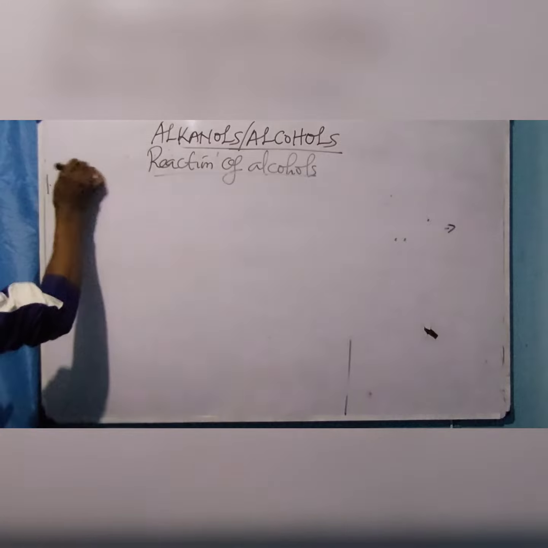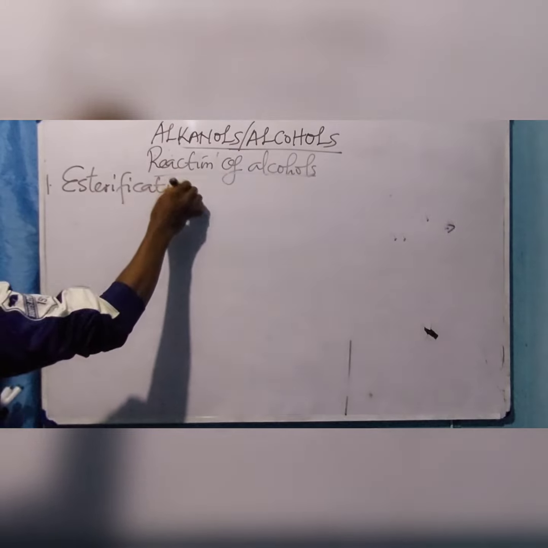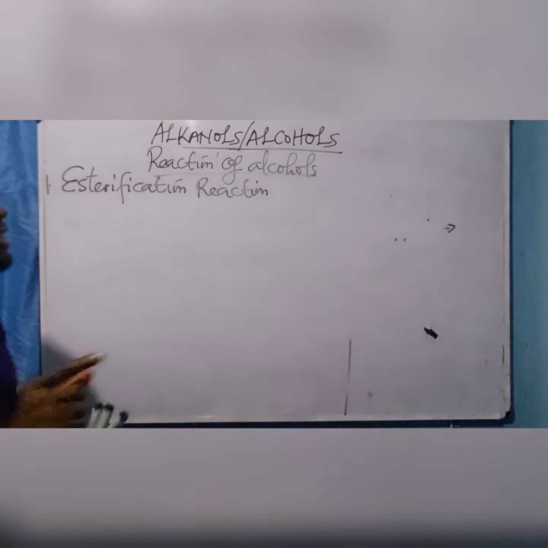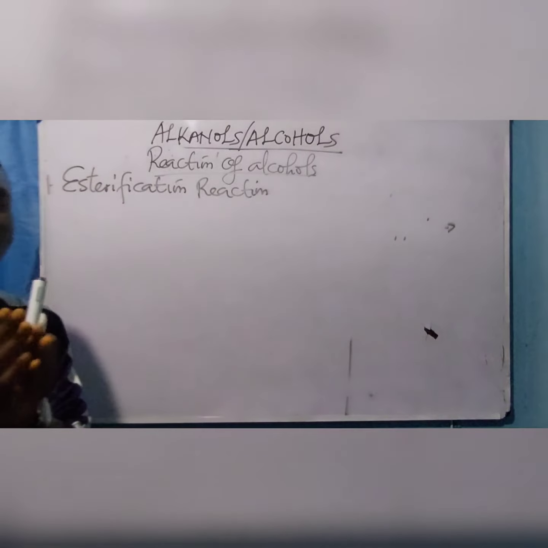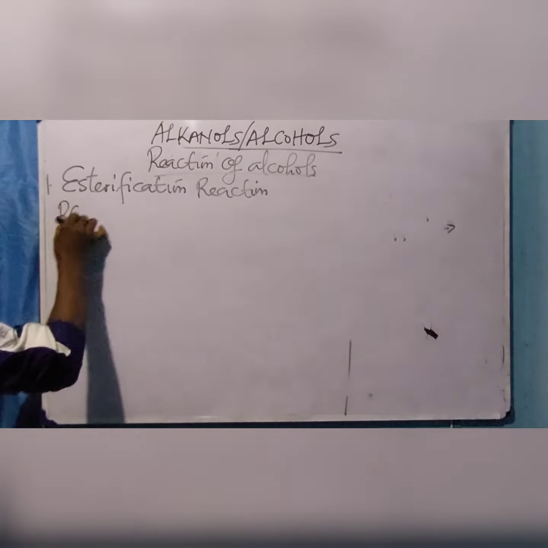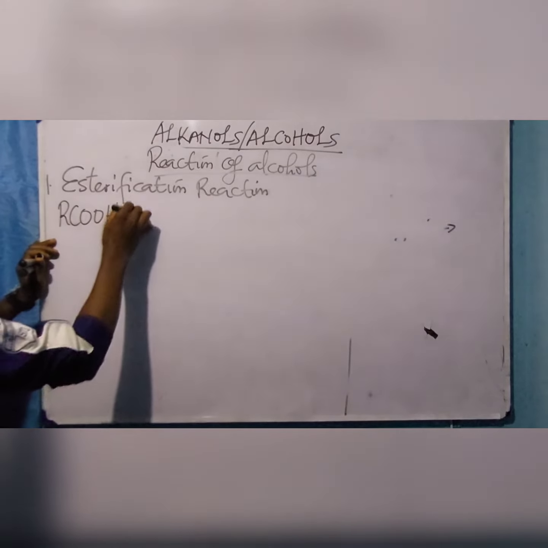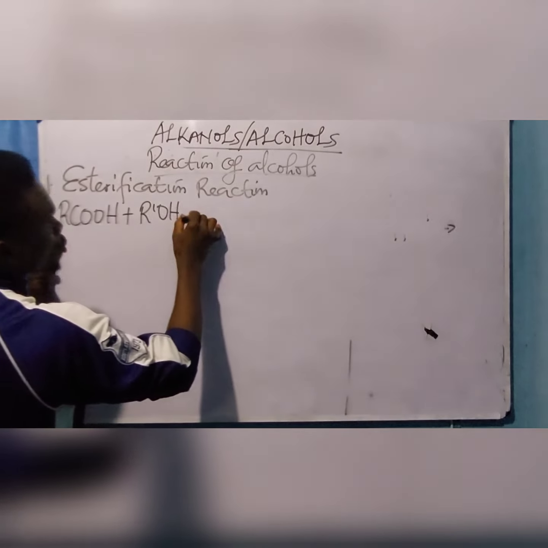One, they can undergo esterification reaction. Esterification is a type of reaction that occurs between alkanoic acid and alcohol to produce ester and water only, in the presence of a dehydrating agent called H2SO4.